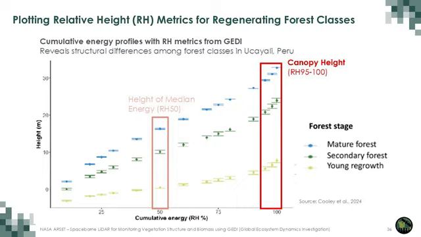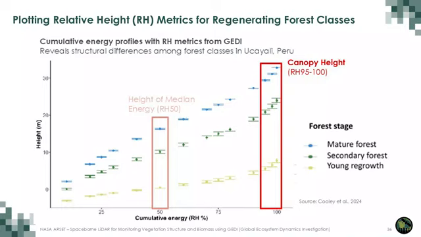We see that mature forests have the highest canopy heights and the lowest variance in canopy height relative to secondary and young vegetation regrowth.